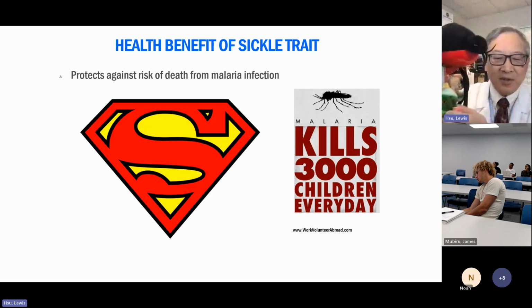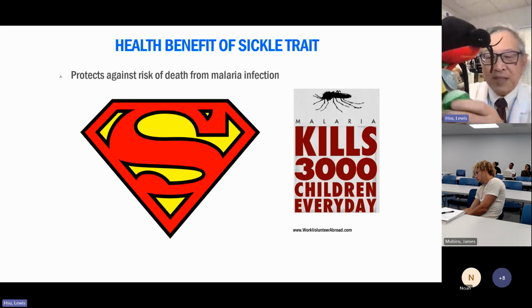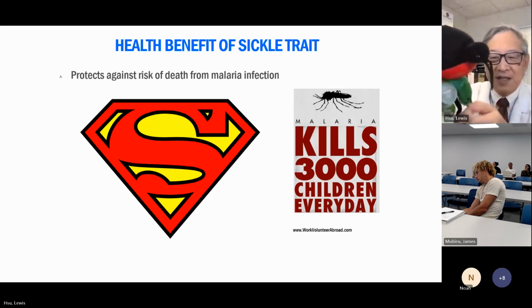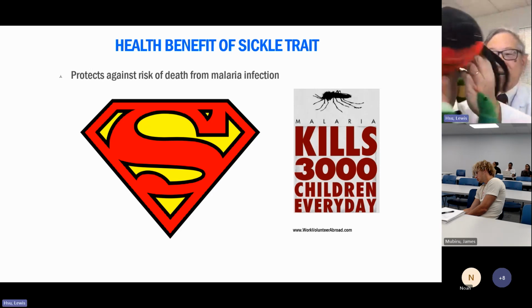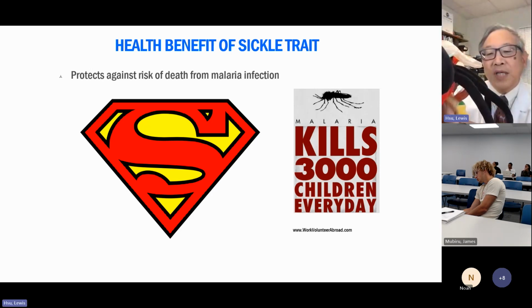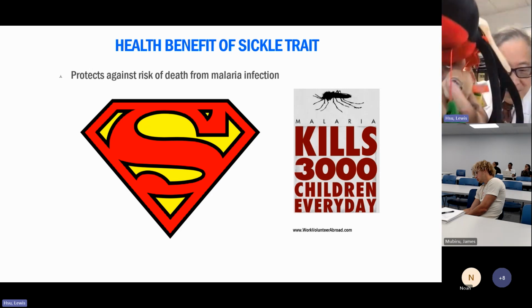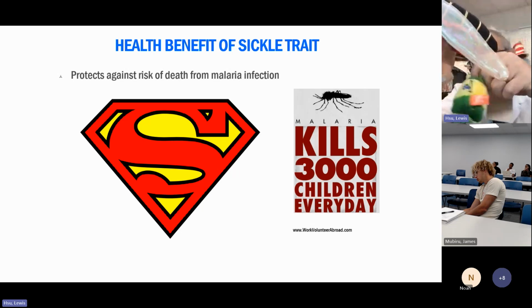And so this mosquito is carrying possibly dengue fever, possibly malaria, could be carrying in its stomach part maybe West Nile virus. Can you see that? And maybe Zika virus.